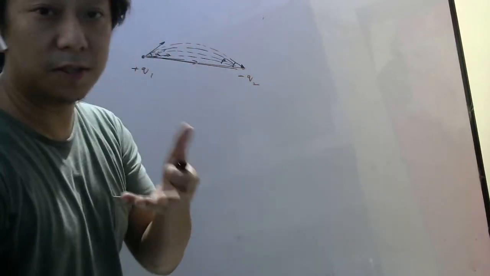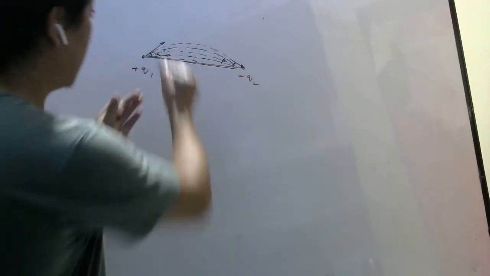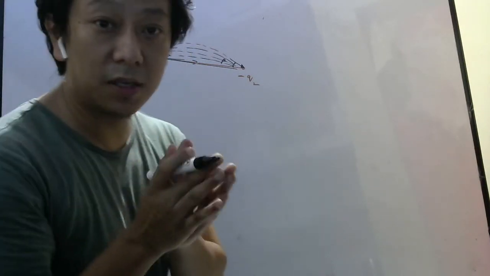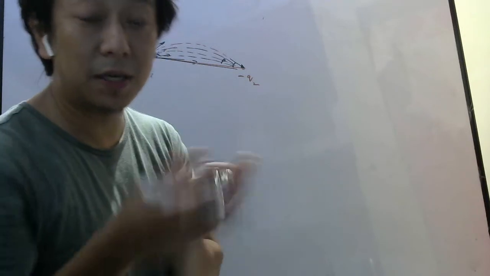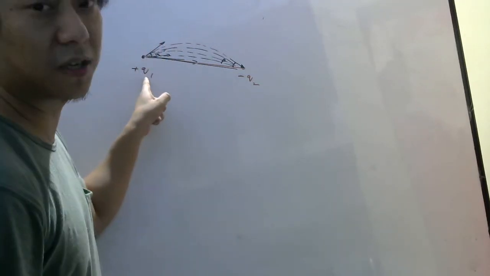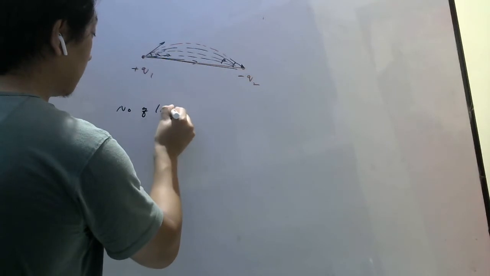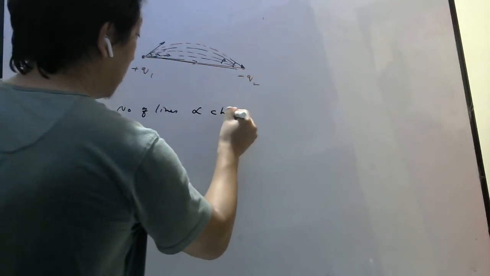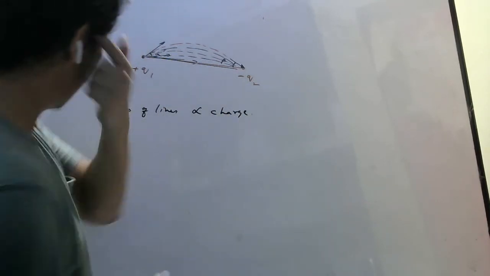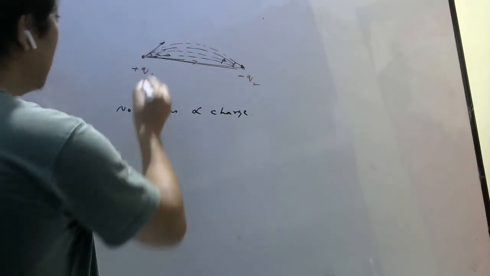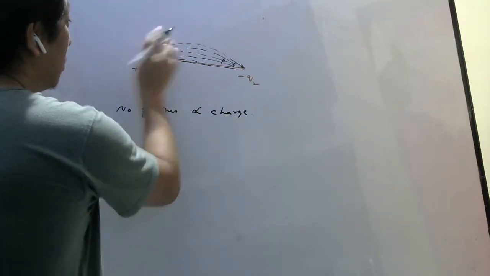The number of lines is proportional to the electric field in a given region. If lines are closer, the electric field is stronger, and the electric field in turn is proportional to the source charge. So the number of lines is proportional to the value of the charge. Now, how many lines are going through this angle?